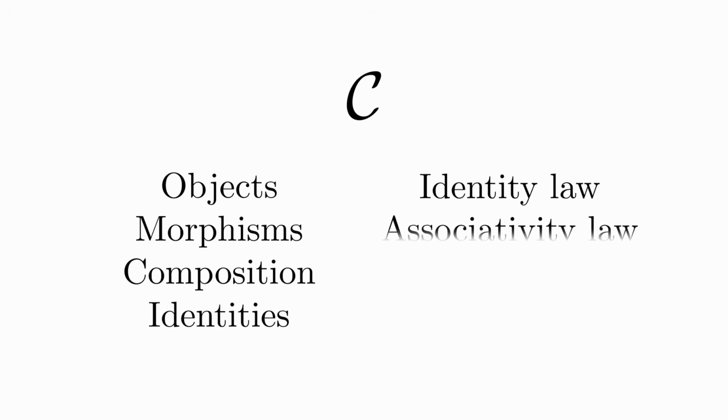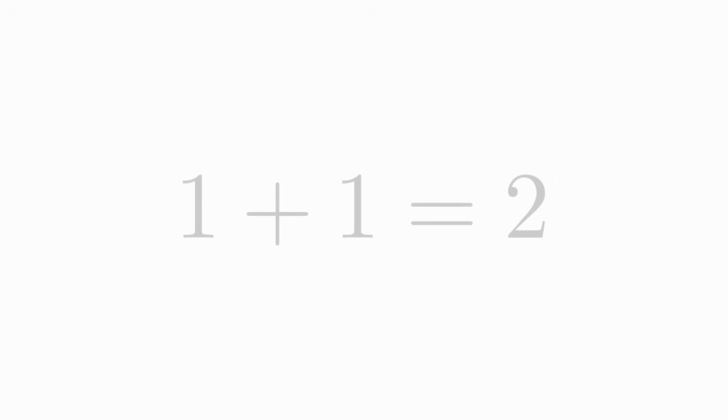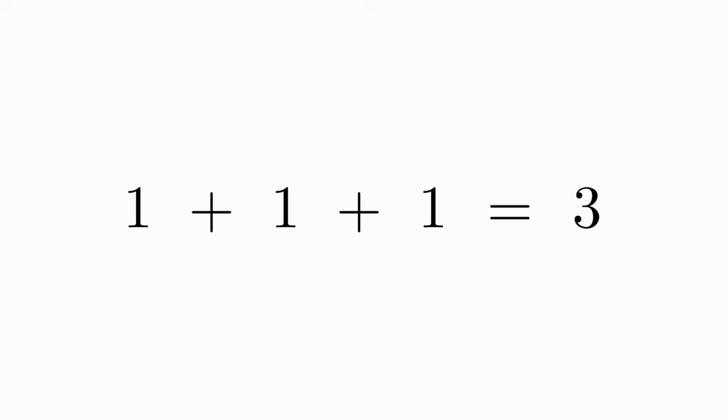Finally, we require the composition operation to satisfy the associativity law. This one's a bit more complicated if you haven't met associativity before, but I'll do my best. Most operations we use in day-to-day maths are binary. This means they take 2 inputs and produce 1 output. But we often use them as if they can take any number of inputs.